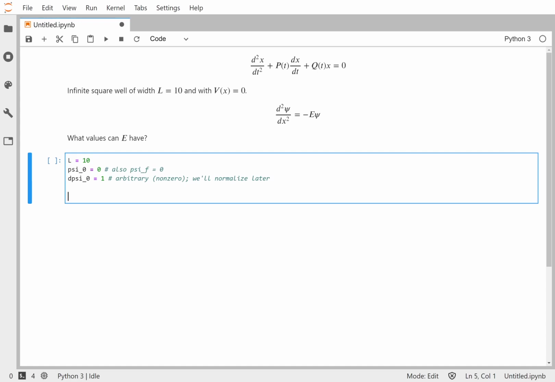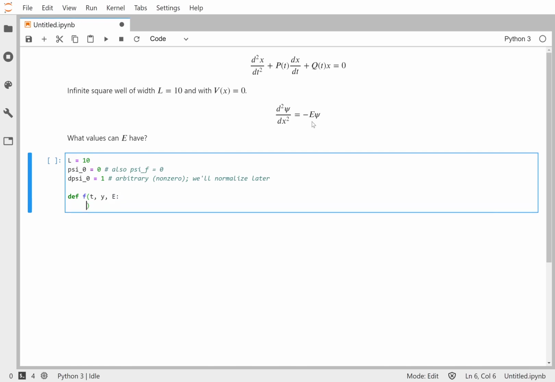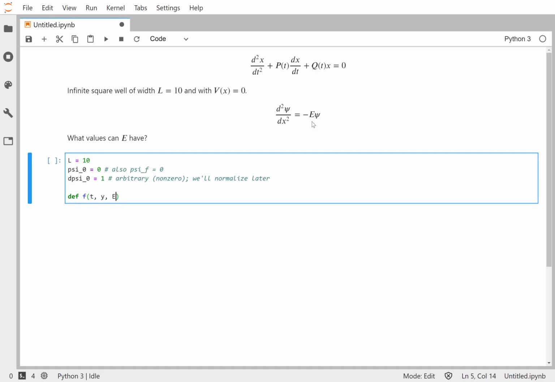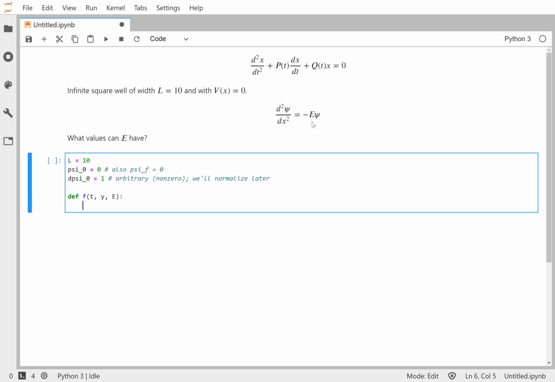Okay, so with that, we can now make something that looks a lot like the shooting method. So we're going to basically write a differential equation solver that is itself a function of a variable, and that variable is going to be E. So the differential equation that's being solved here is going to depend on a variable E. And so the basic workflow here is I want to unpack Y, which is actually going to be an array of values.